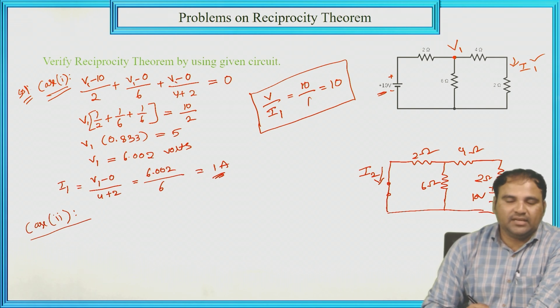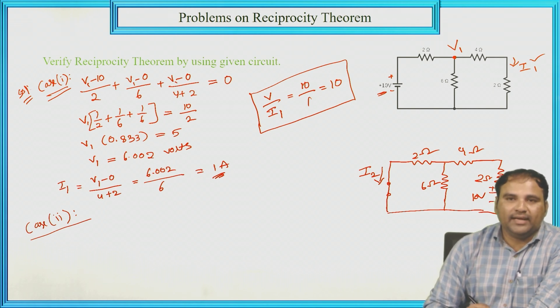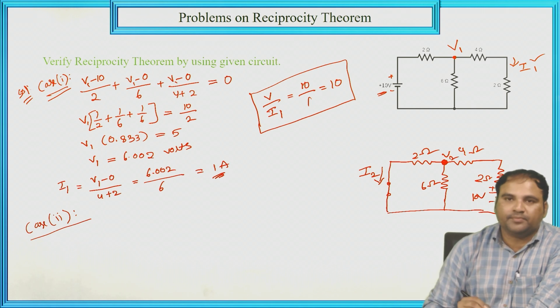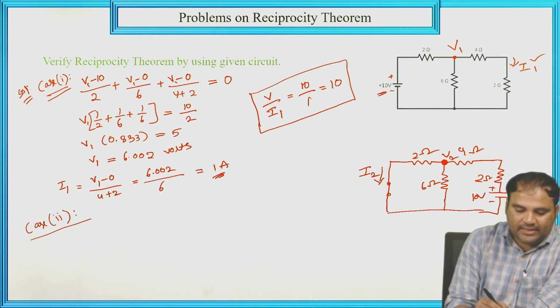So in this case also I am going for nodal analysis. Here also we have a single node. So here is the one node only. That node I am taking as V2. Now apply nodal analysis here.